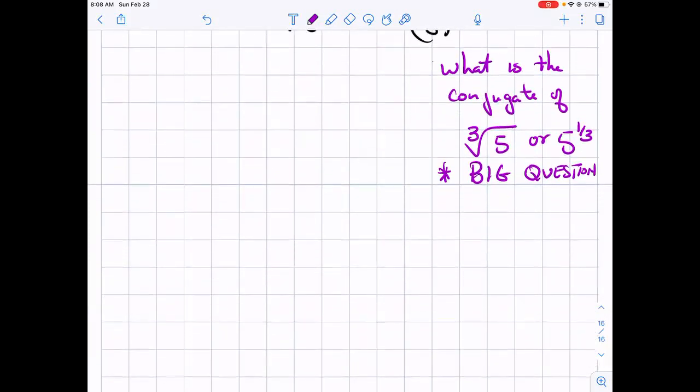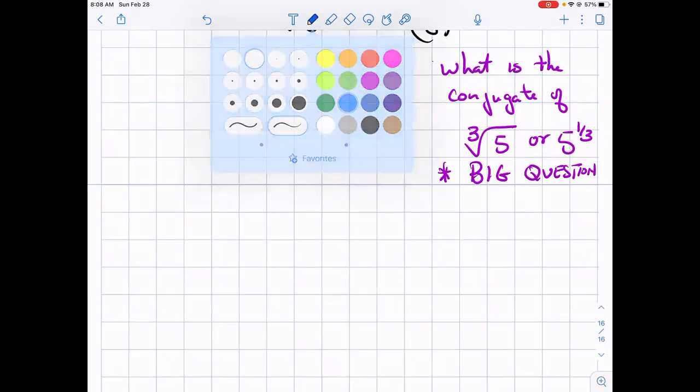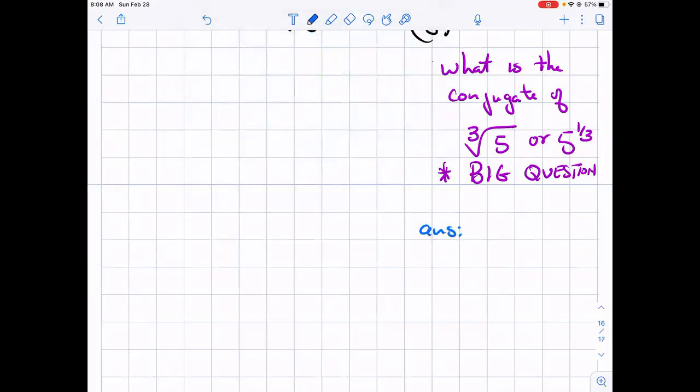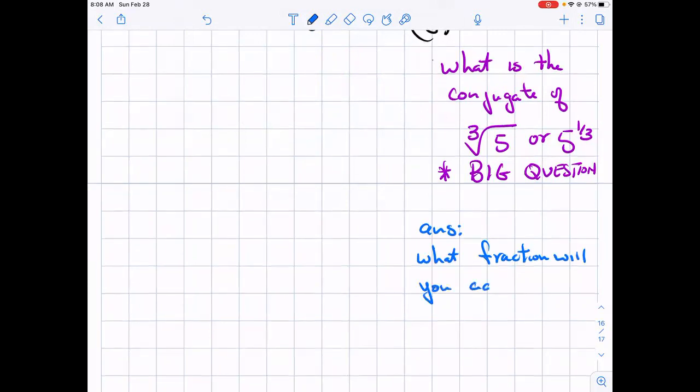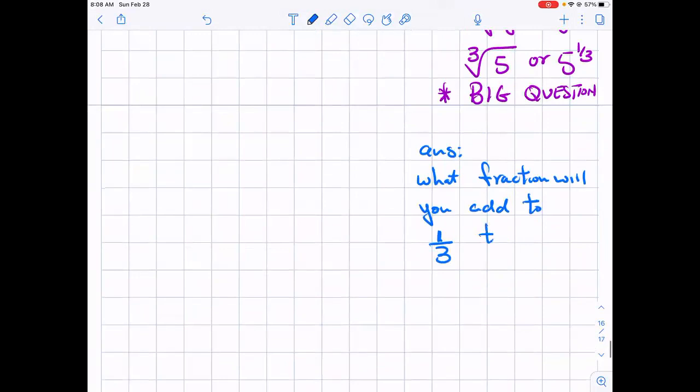Well, it's not that difficult. What fraction will you add to 1/3 to make it 1?